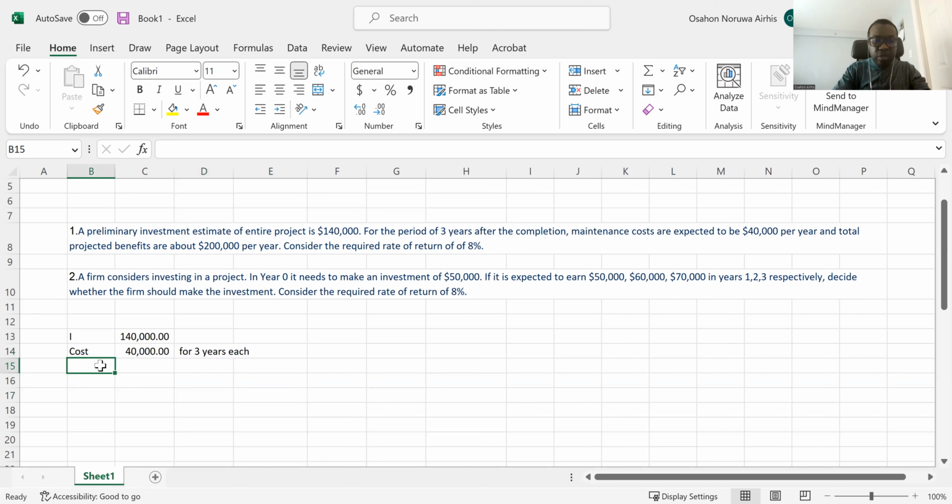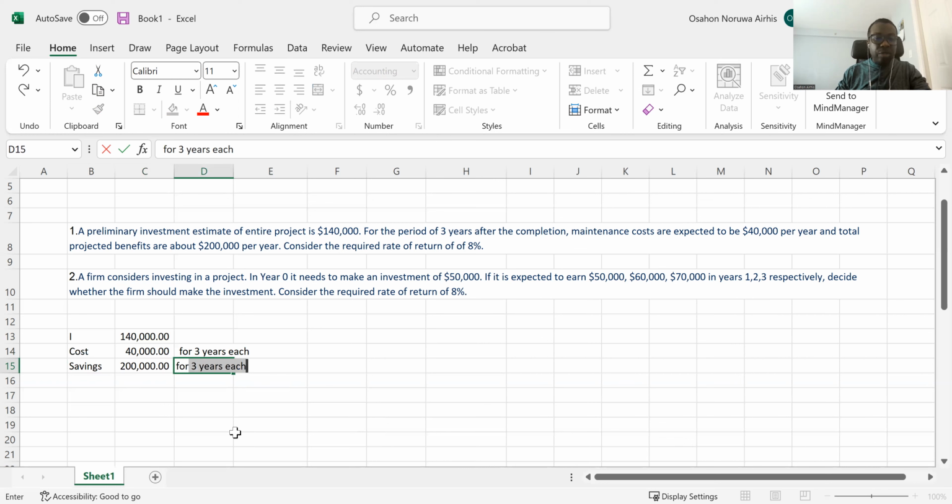And then we also have the savings, which is 200,000 each year for 3 years.